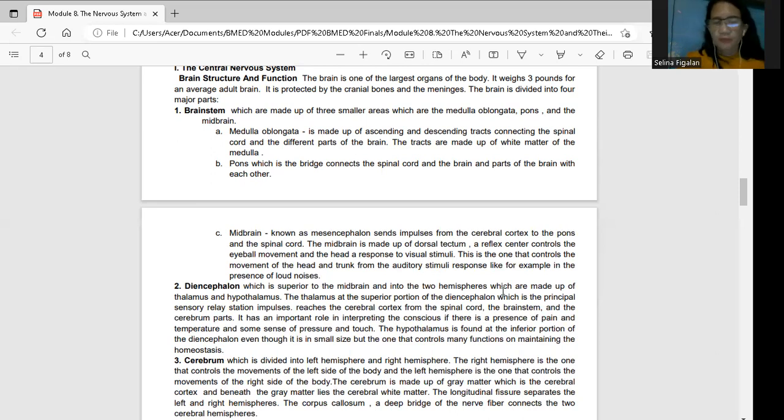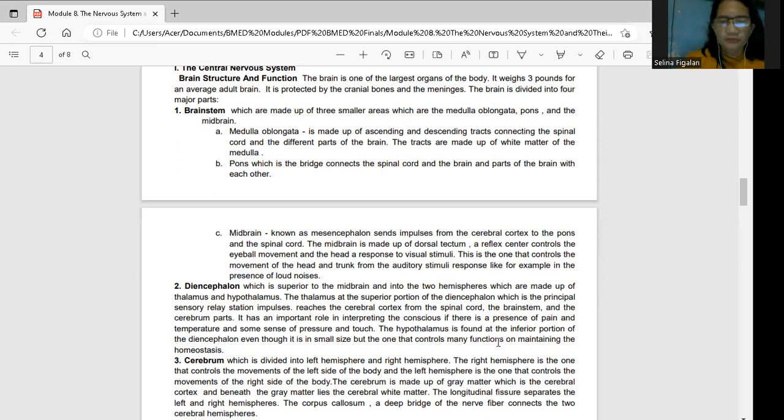Sa diencephalon ay meron kayong thalamus and then the hypothalamus. Okay, so ano yung function ng ating thalamus? This is the superior portion of the diencephalon. So makikita sa superior part ng thalamus, sa baba naman ng parte ang inyong hypothalamus. So this is the principal relay of sensory impulses. Okay, so the brainstem and the cerebrum parts. It has an important role in interpreting consciously if there is a presence of pain and temperature and some sense of pressure and touch.